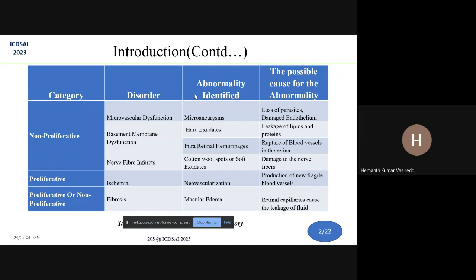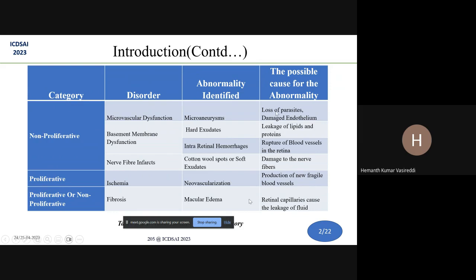That is, loss of pericytes and damaged endothelium result in microaneurysms, and leakage of lipids and proteins results in hard exudates. In the same way, hemorrhages are caused by rupturing of the blood vessels, and cotton wool spots by nerve fiber damage. The production of new fragile blood vessels leads to neovascularization.